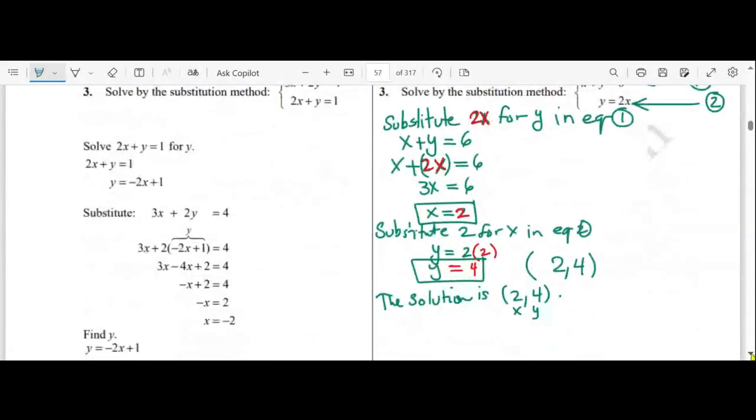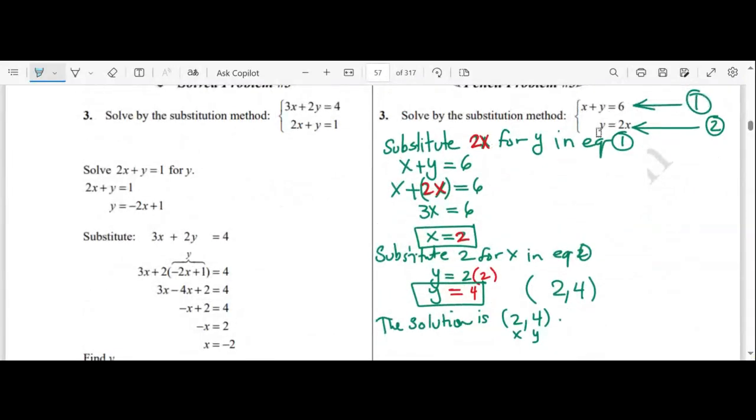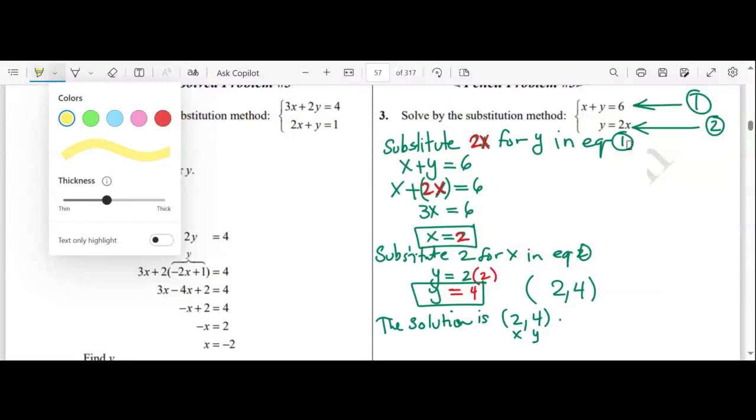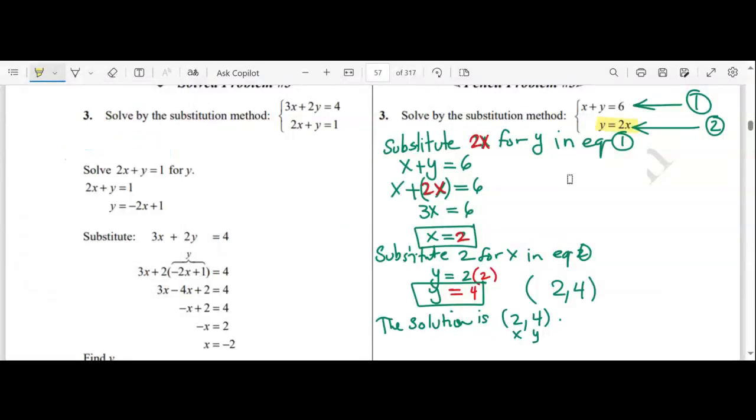Now we'll go for substitution. I have 2 equations. Very nice. He gave you the second equation, y equals what? 2x. So all you have to do is substitute 2x for y in the first equation. So I'm going to replace 2x here, and you get 3x equals 6.